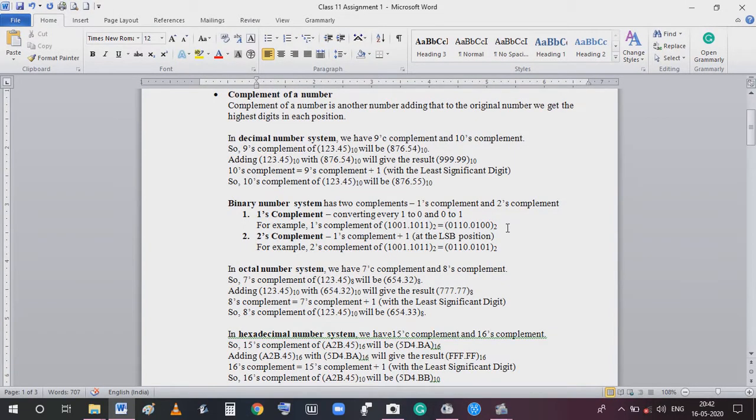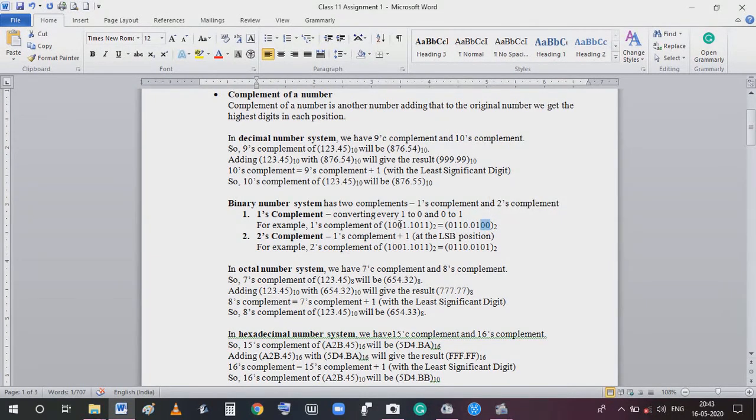Now you have to keep in mind, though in any number system a preceding 0 and a trailing 0 after the point has no numeric value, in complements you have to keep these positional numbers. So either you will get 0 or 1. This has to be stored.